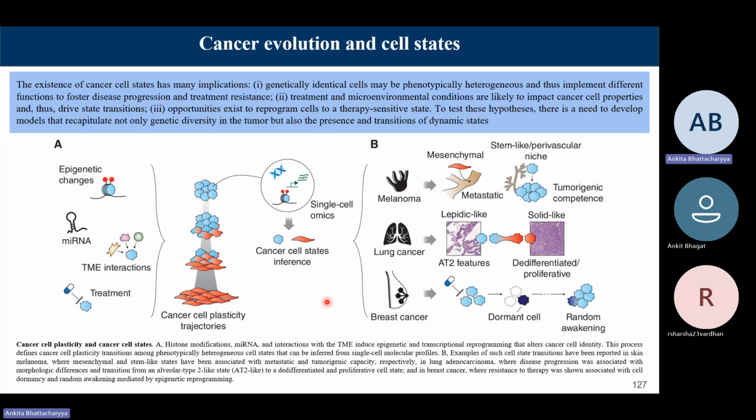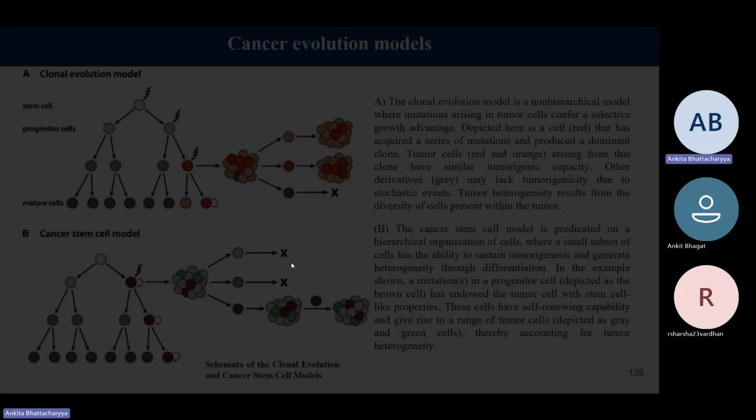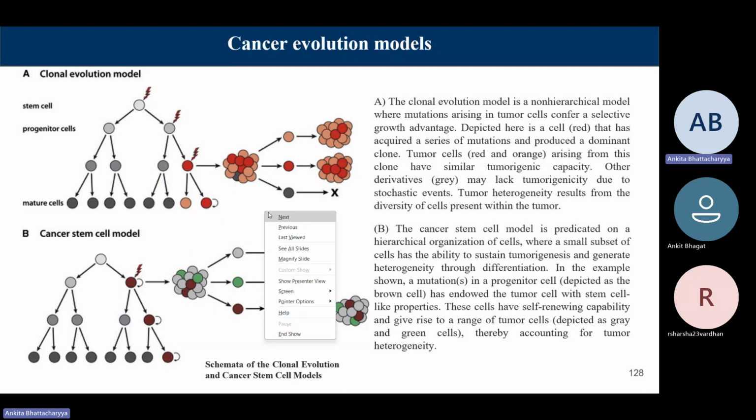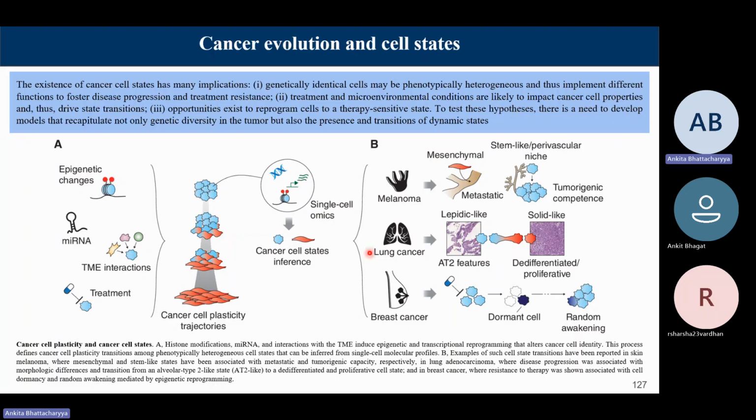And following that, you can see that different types of cancers have reported examples of the same. First example being melanoma, second example lung cancer, and breast cancer as well. So yeah, that is pretty much on that slide.